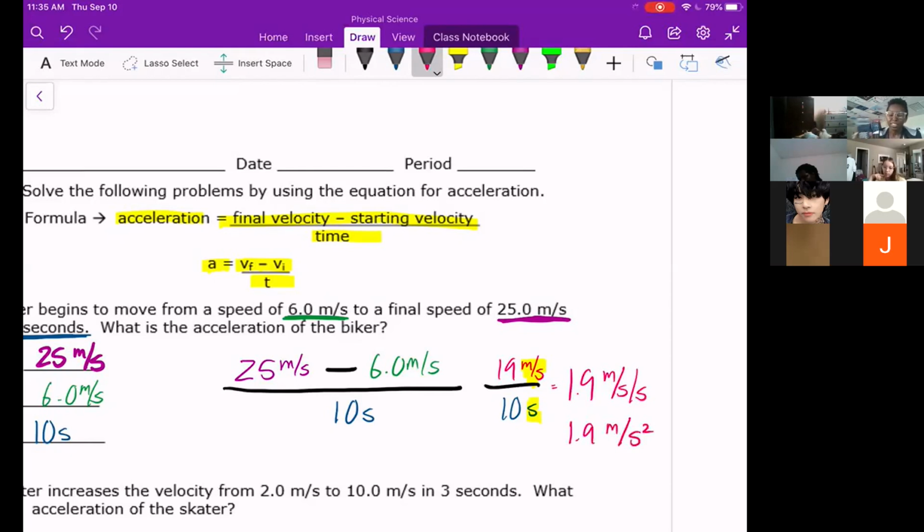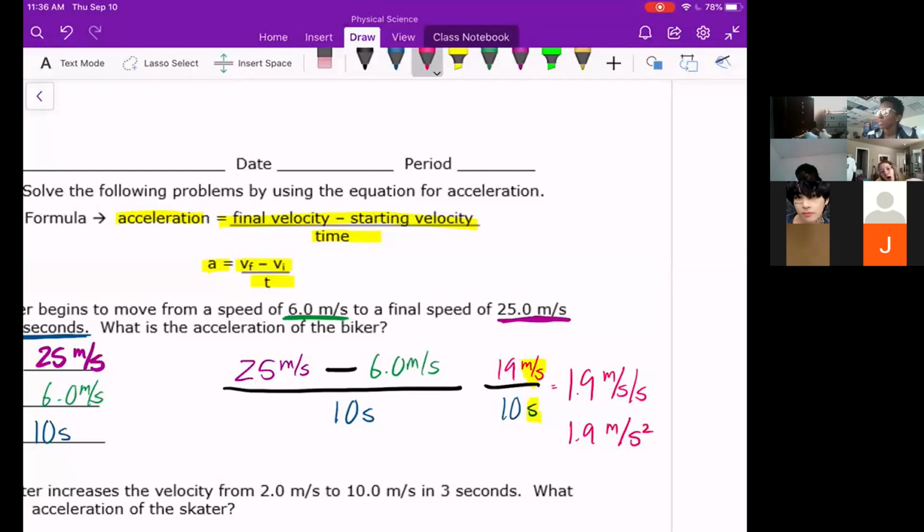Back to the calculator. If I put in my calculator right now 25 minus 6 divided by 10, you get 24.4, okay? Because your calculator does order of operations. So after you do your top calculation, subtracting your two velocities, you need to hit enter and write that number down, unless you know how to use parentheses.